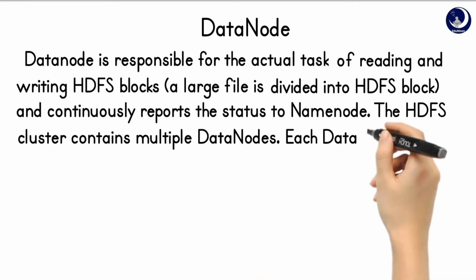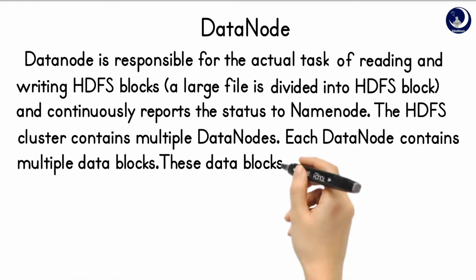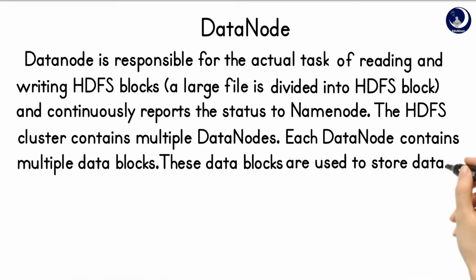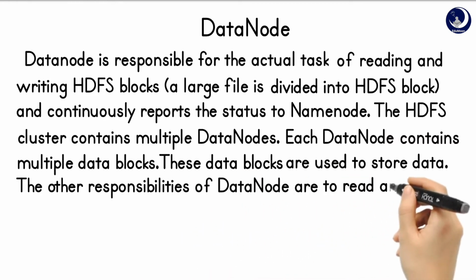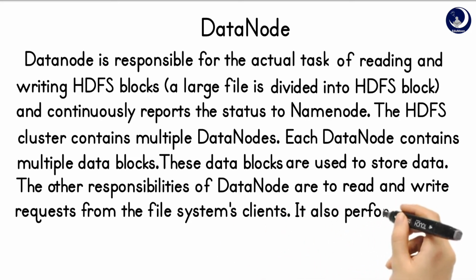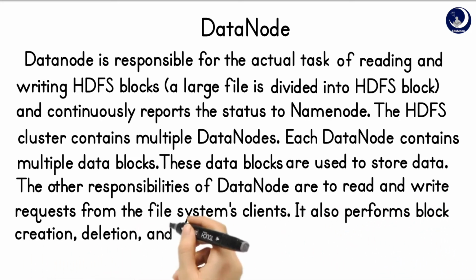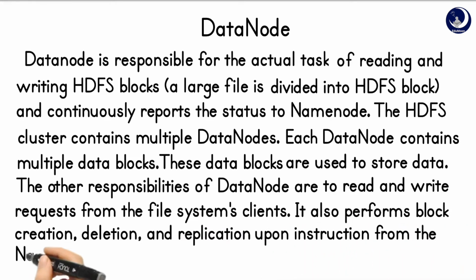Each data node contains multiple data blocks. These data blocks are used to store the data. The other responsibilities of the data node are to handle read and write requests from the file system's clients. It also performs block creation, deletion, and replication upon instruction from the name node.